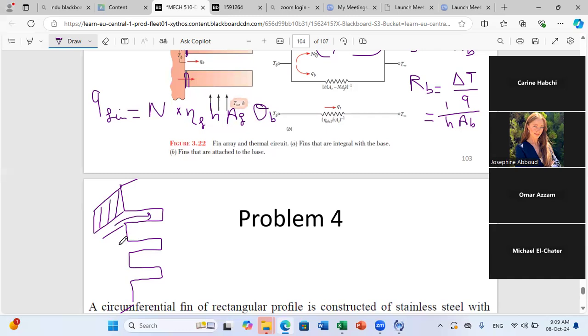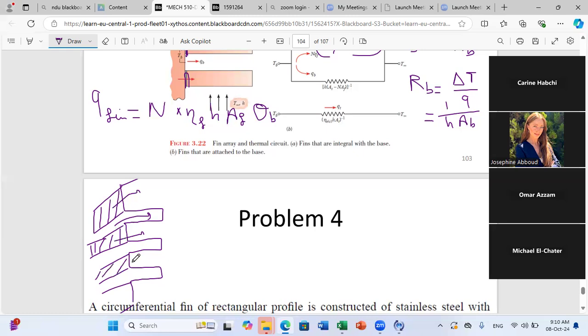So if you want to calculate the total heat transferred by a fin, you should divide it into two parts. You should consider the part that is convected out directly through the base, directly to the outer environment. You should consider convection from this one plus this one plus all areas not covered.